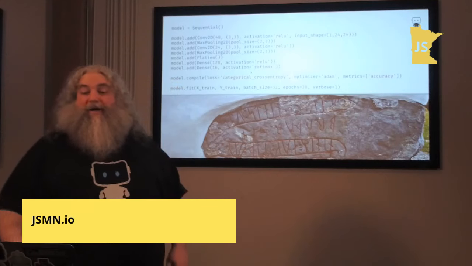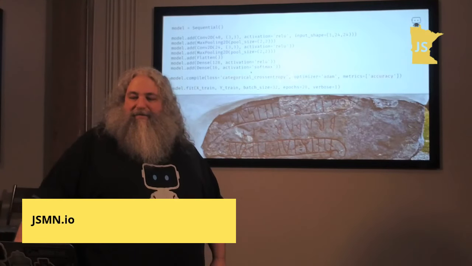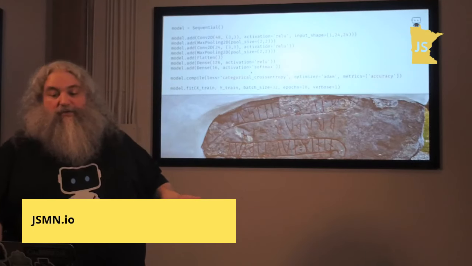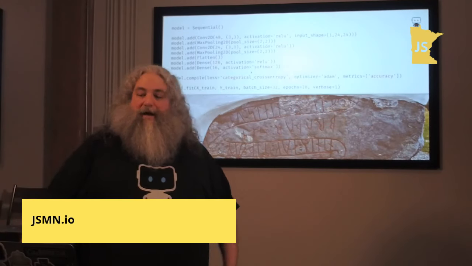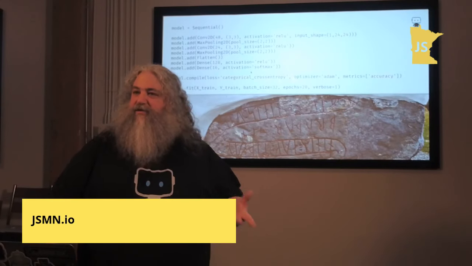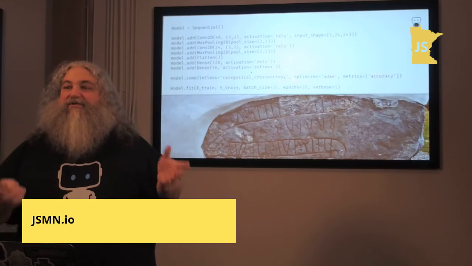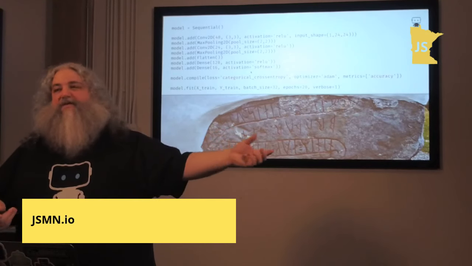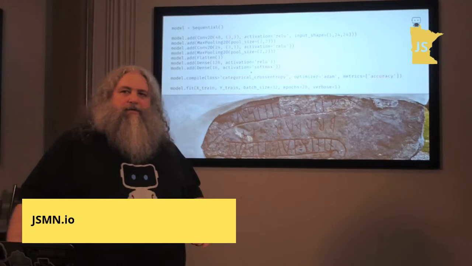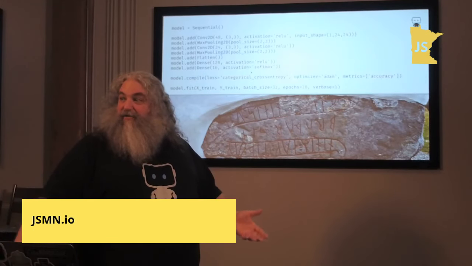Then I call model.compile. And that compiles all this information and gives it a loss function, which is categorical cross entropy. I don't know exactly what the cross entropy does, but I know that this is the one that every example I looked at that was doing classification was using because of the categorical aspect of it. Using the Adam optimizer, again, I'm really just kind of relying on sample code.